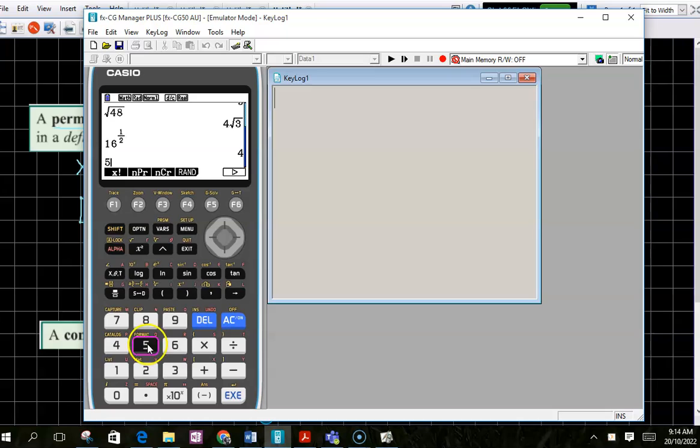Let's go 5 factorial. That's 5 times 4 times 3 times 2 times 1, and you get a reasonably large number. So just remember your option button on your calculator shows you a wealth of values there.